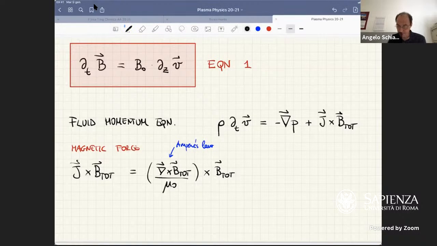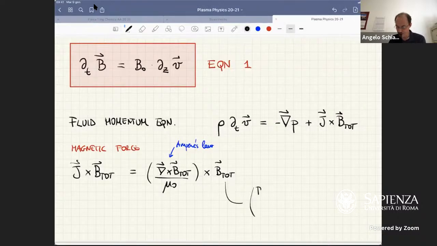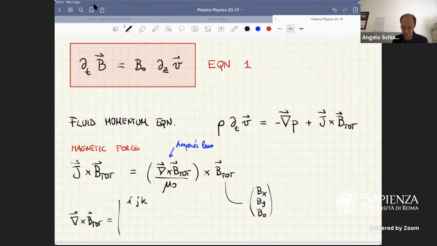B is represented by Bx, By, B0, the external field, and we have to compute the curl of B. So curl of B is equal to, let's put it, i, j, k, 0, 0, dz, and then we have Bx, By, B0.